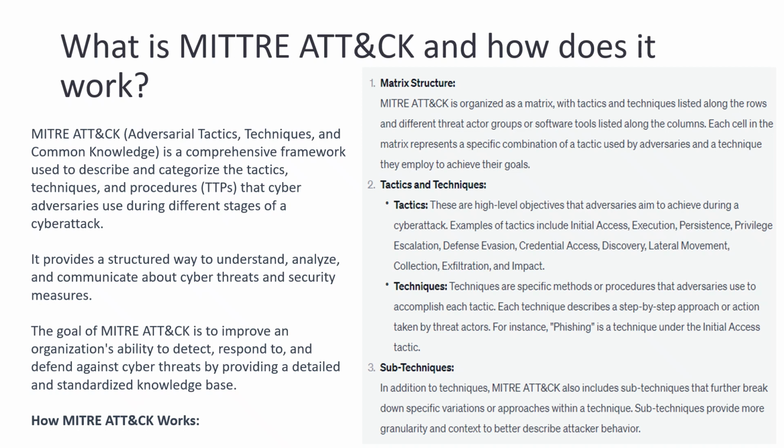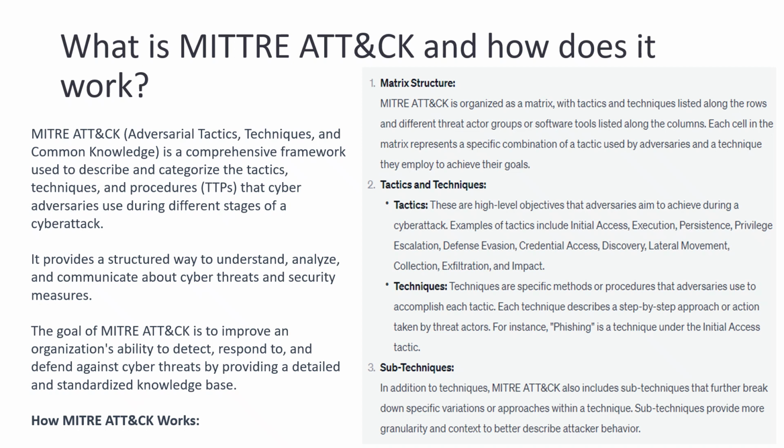It provides a structured way to understand, analyze, and communicate about cyber threats and security measures. The goal of MITRE ATT&CK is to improve an organization's ability to detect, respond to, and defend against cyber threats by providing a detailed and standardized knowledge base.